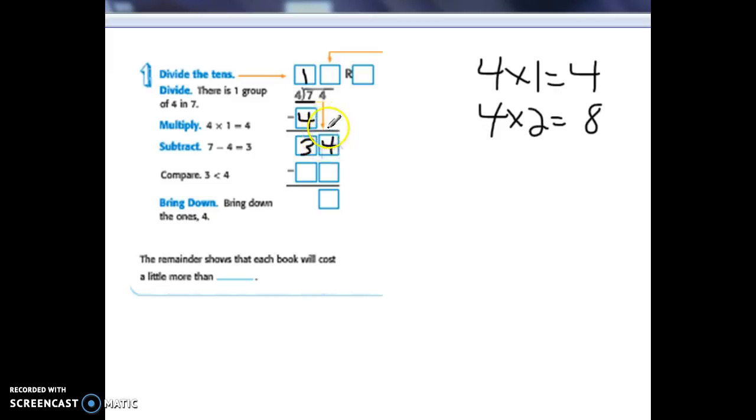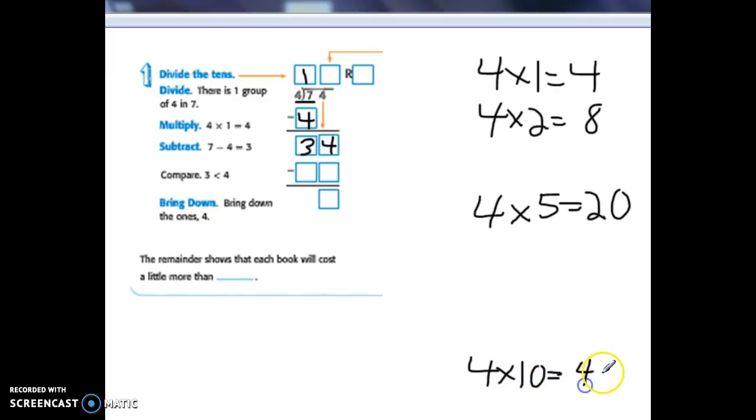And now we're trying to think, how many 4s are there in 34? Again, we're going to use our multiplication table to help us. But we want to work a little smarter. An easy one, 4 times 5 is 20. Now, it's definitely not enough. Another one we already know is 4 times 10 gets us 40.